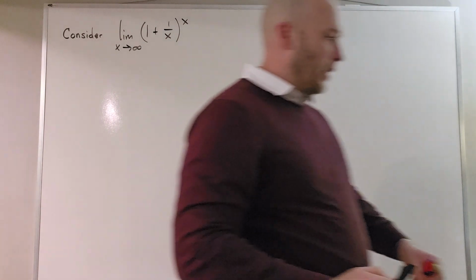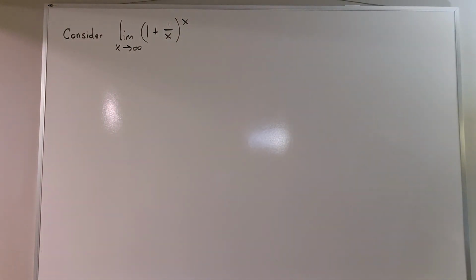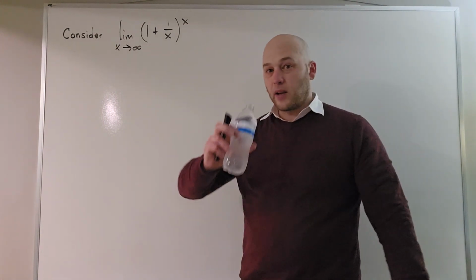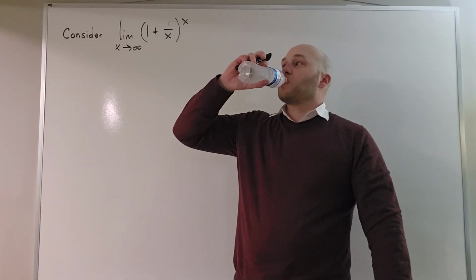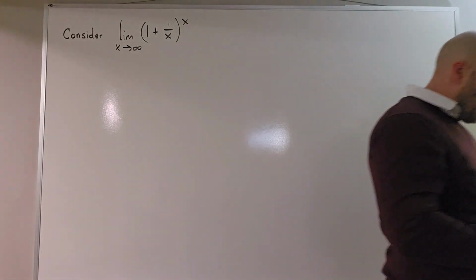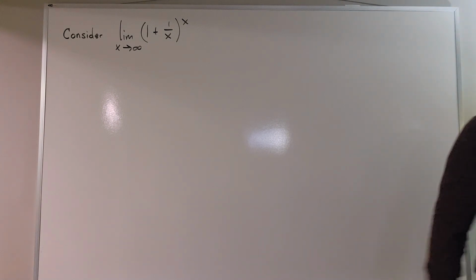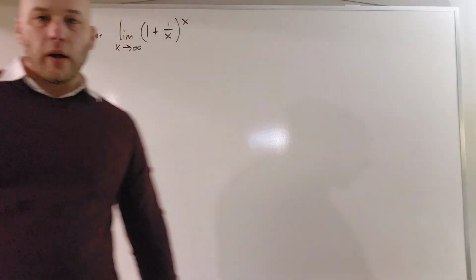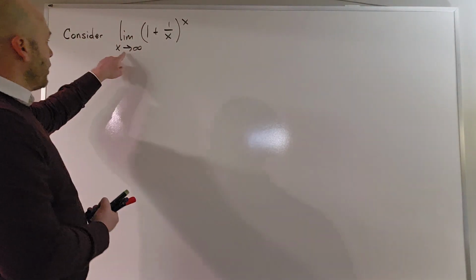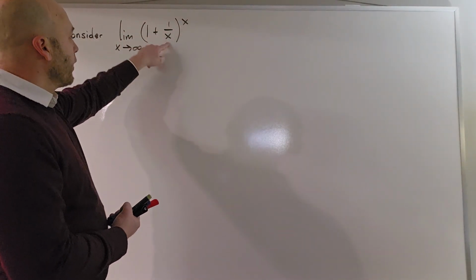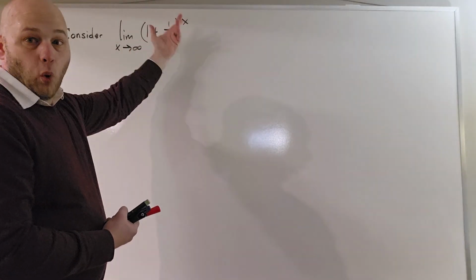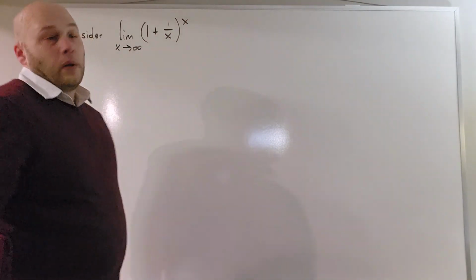Let's consider the following limit. Now look at the expression 1 plus 1 over x to the x, and then as x goes to infinity. For those that are new to the limit concept, you might glance at that and say, well, the limit is 1. Because you say, well, as x goes to infinity, 1 over x goes to 0, 1 plus 0 to anything is 1, so therefore the limit is 1.